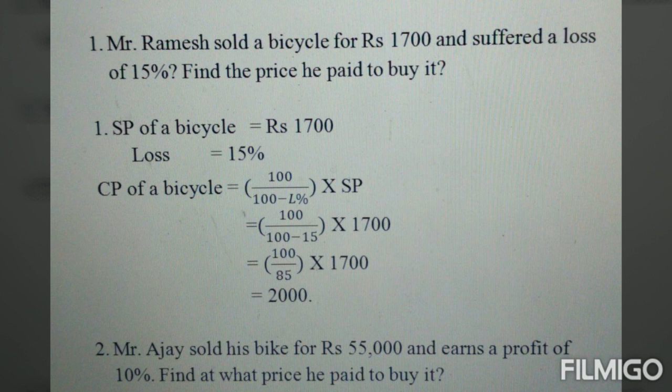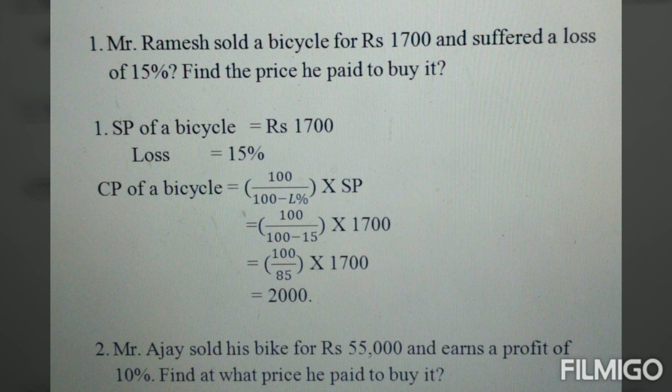For calculating CP we have to use the formula 100 upon 100 minus loss percent into SP. That is 100 upon 100 minus 15 into 1700, so 100 upon 85 into 1700. So 85 will cut 1700, 20, and 100 into 20 it becomes 2000. So he bought the bicycle for rupees 2000.